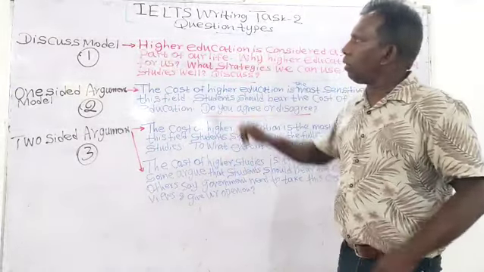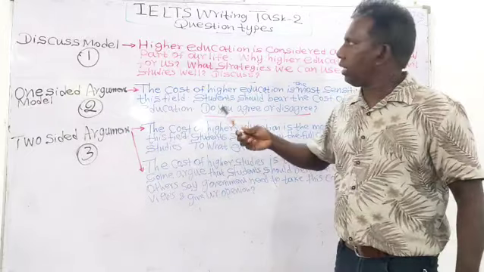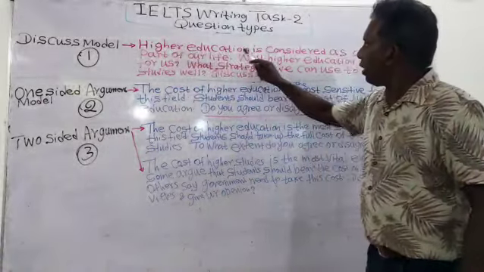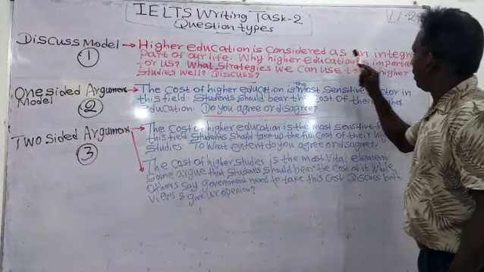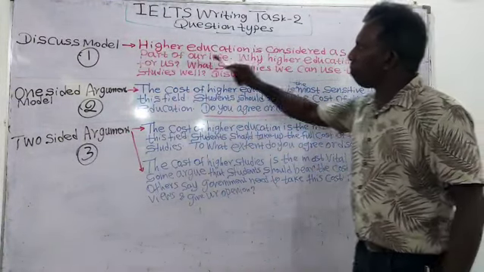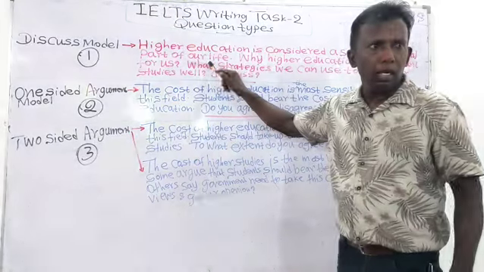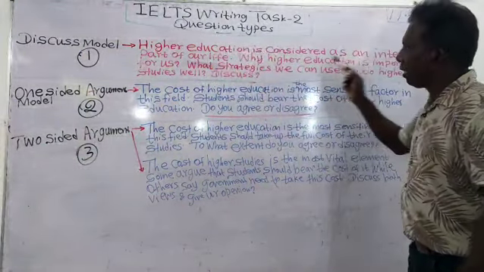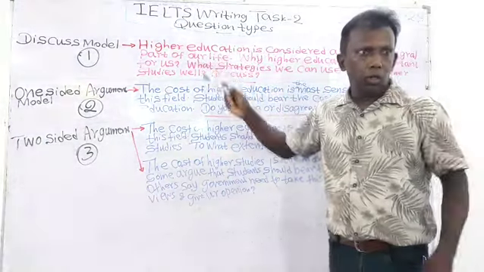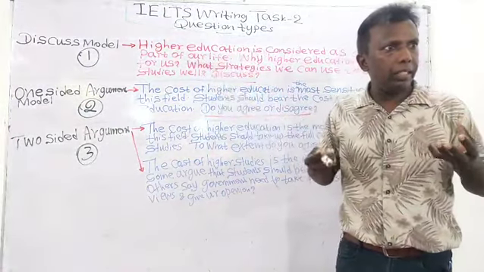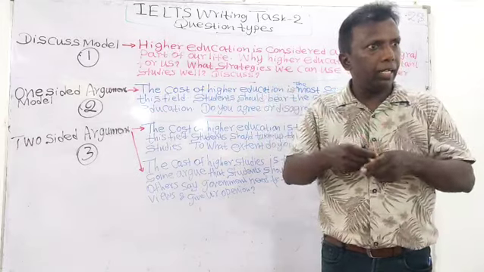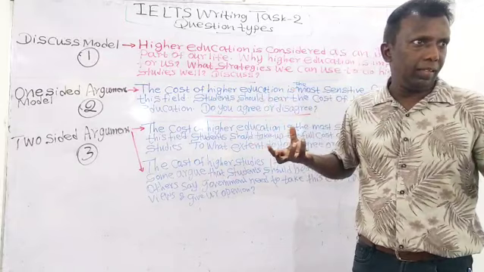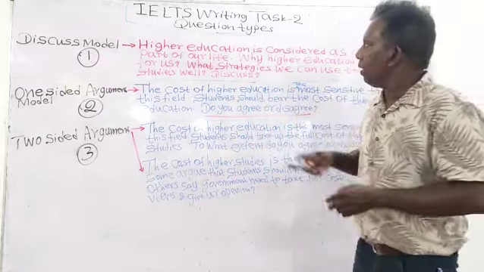Now look at the discuss model question, how the question is. That's an example question here. Higher education is considered as an integral part of our life. You see the question starts like this.